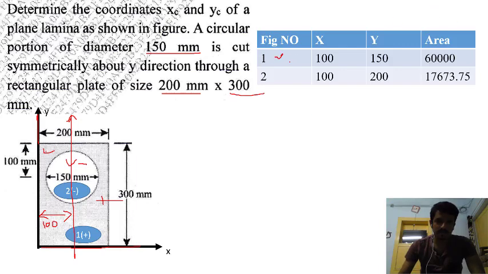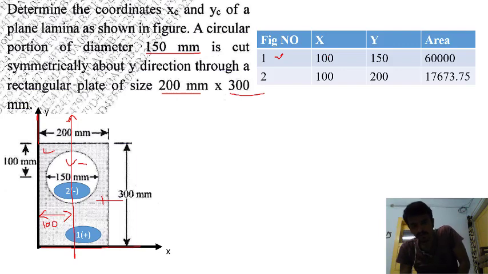The x intercept, that means the distance of the centroid from the y-axis for the rectangle, will be 100, then y will be 150, and the area will be 60,000, that is 200 into 300, 60,000 mm square.